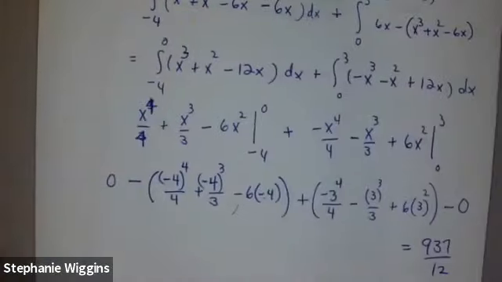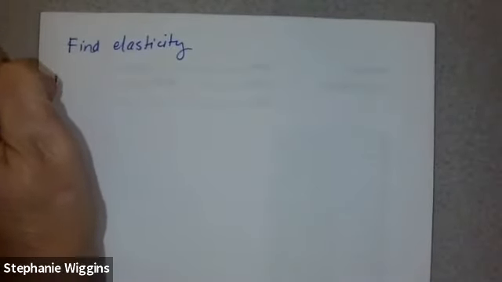Okay, another thing you're going to be able to do from section 3.7 is find the elasticity of a demand function. So here we're given, so you've got Q, this is number 45 on the review.